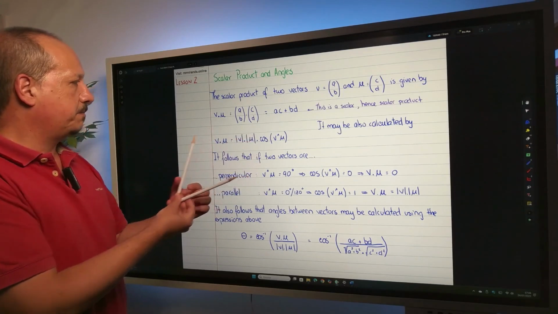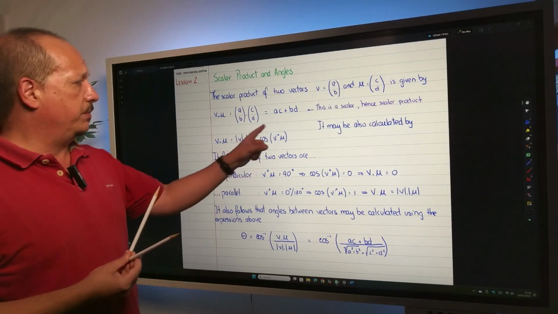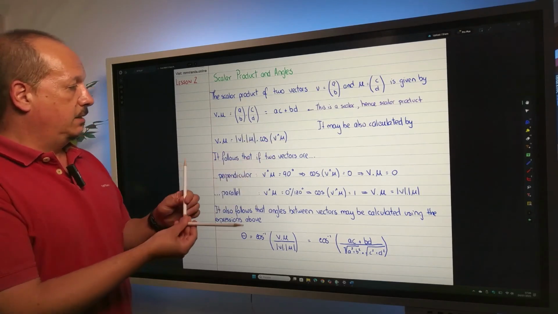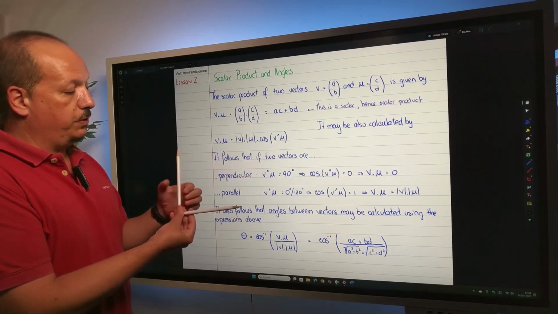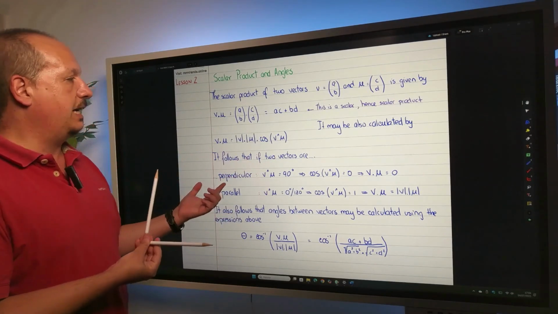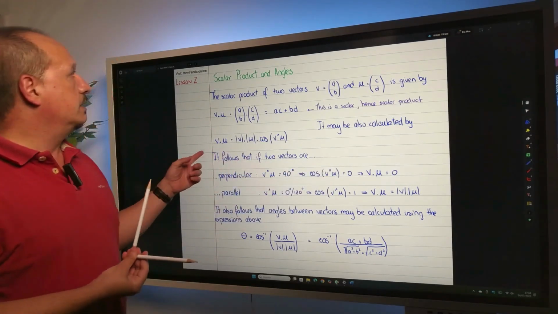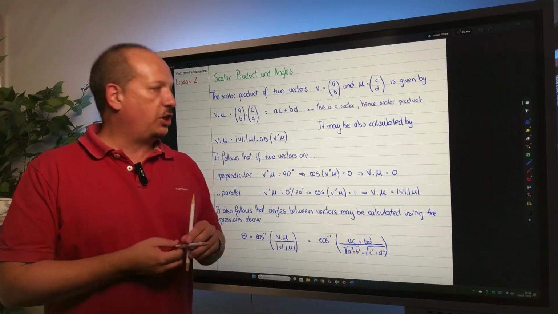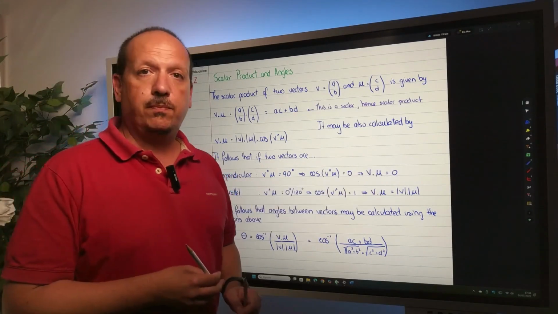All right? As you can see from this, if the two vectors are perpendicular, that means that the angle between v and u is 90 degrees, and cosine of 90 is 0. So the scalar product of any two vectors that are perpendicular to each other is 0.